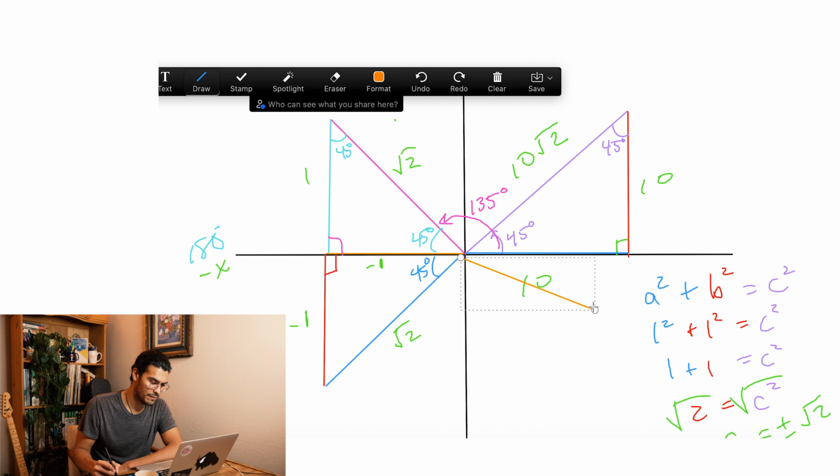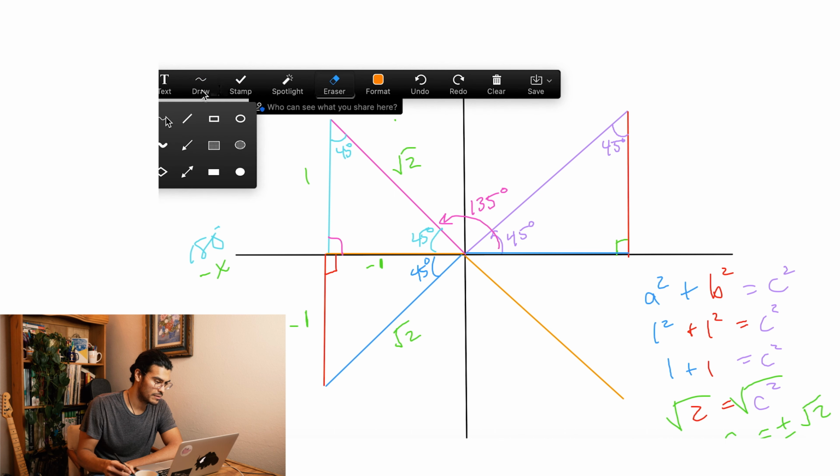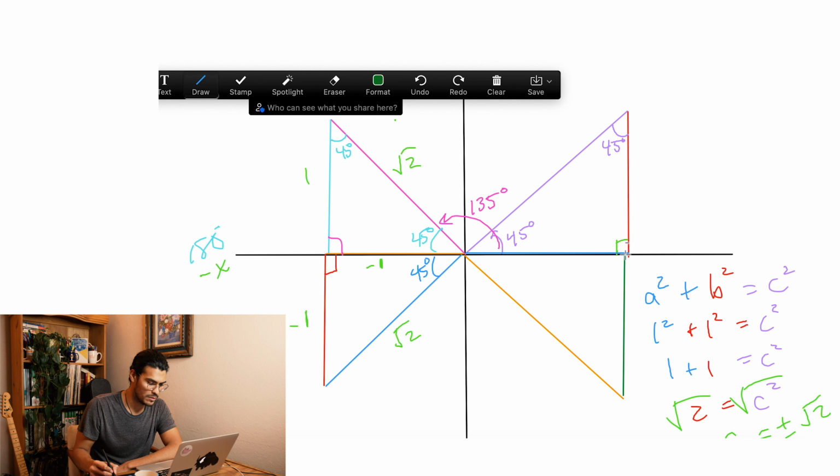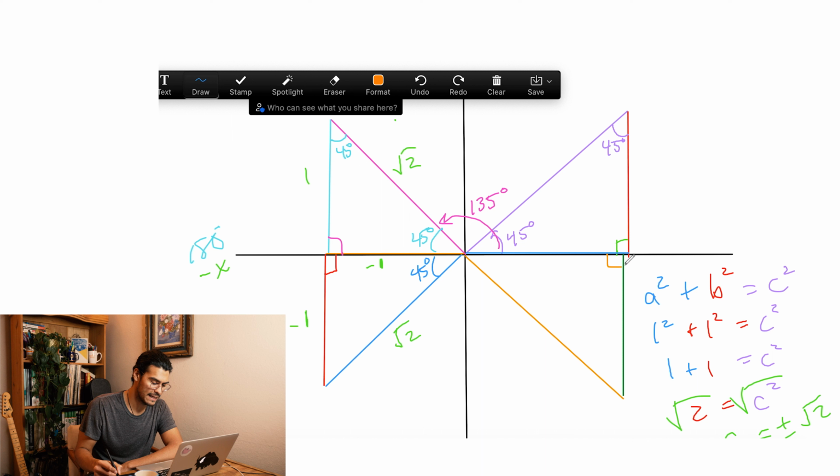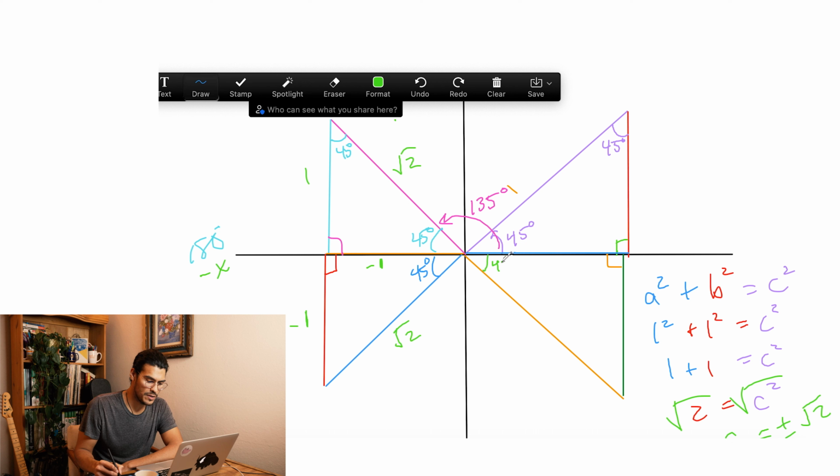Lastly, let's go ahead and finish this up and look at our fourth quadrant. Remember, these aren't perfectly to scale, but hopefully they can help us understand. So if we had our side ratios here, this is 45 here, this is 45 here, right?